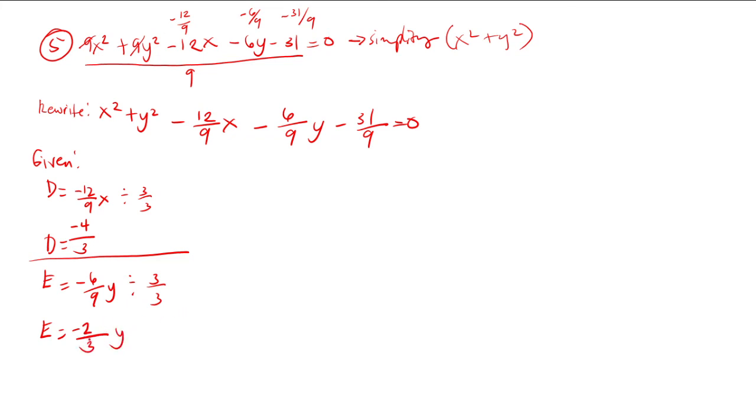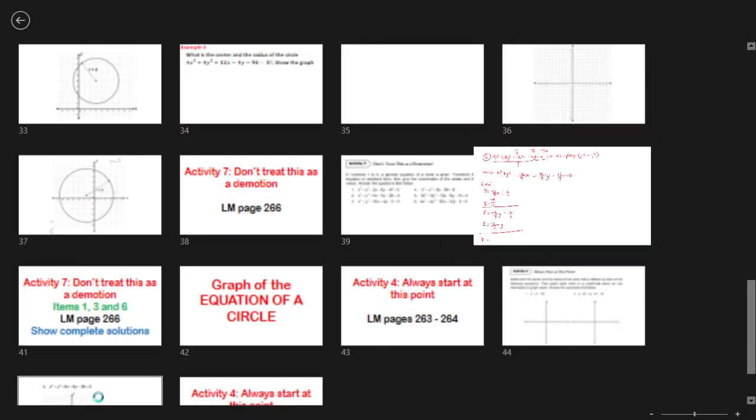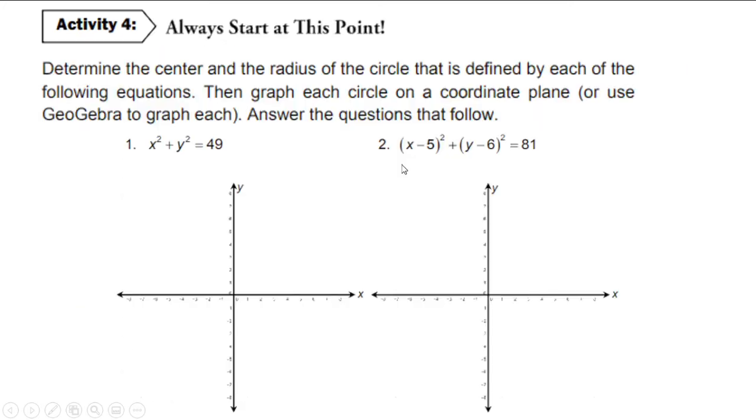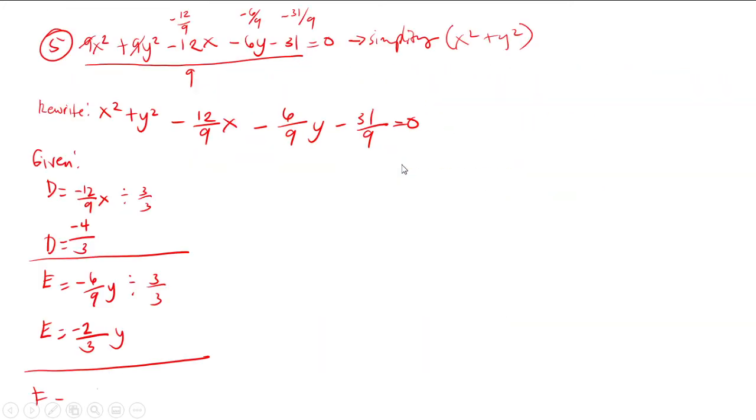Yon ang ating simplified E. Next, ang F naman natin is negative 31. Okay, F is negative 31 over 9. Okay? Now, let's solve.